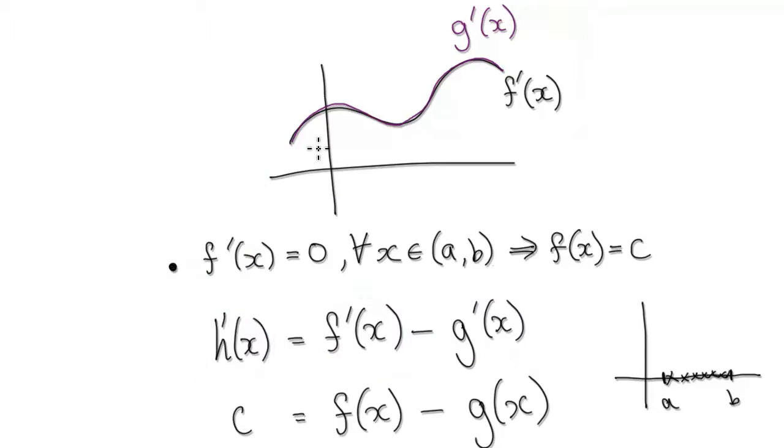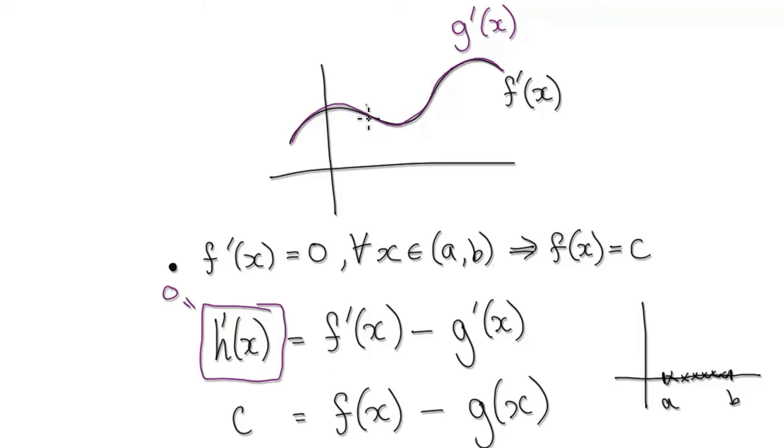But because we know that these two are exactly the same, this block here must always be equal to 0, because if the two gradient functions are exactly the same, then the difference between them must always be 0.